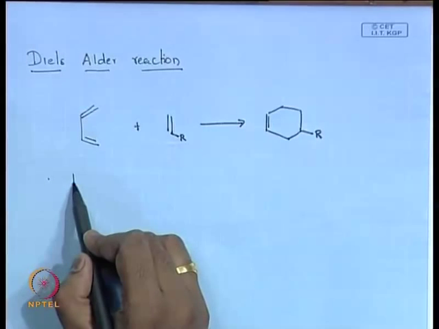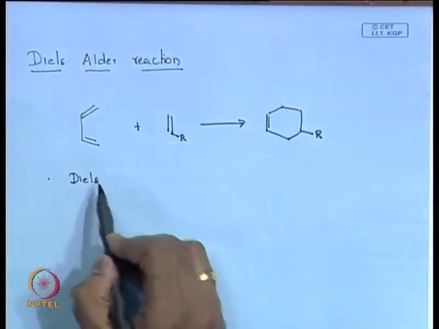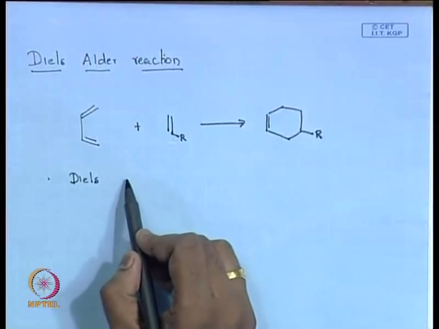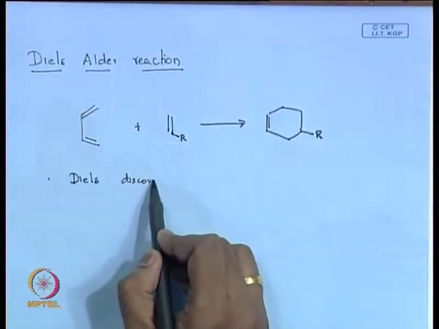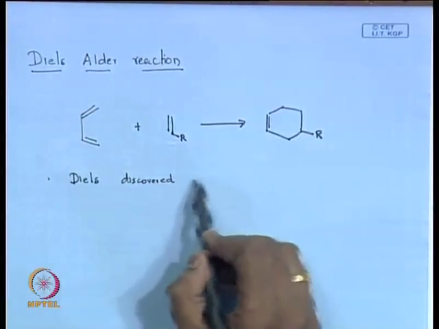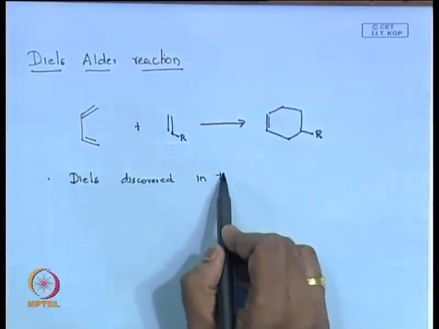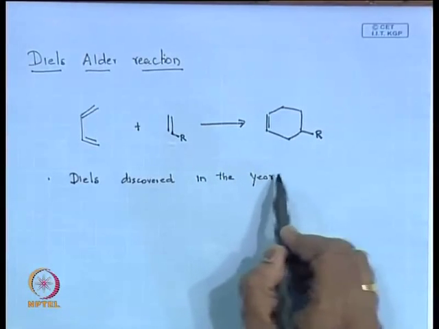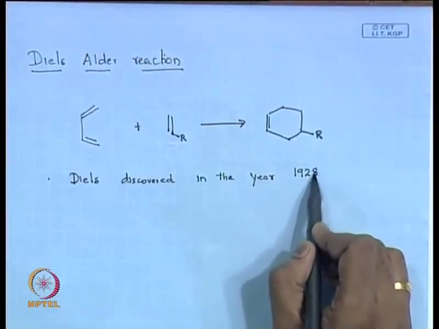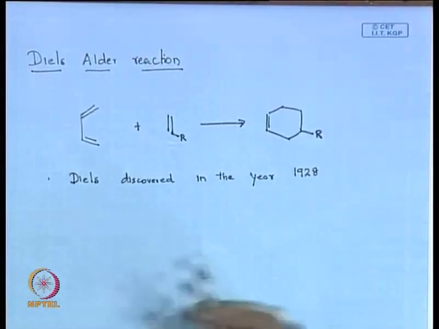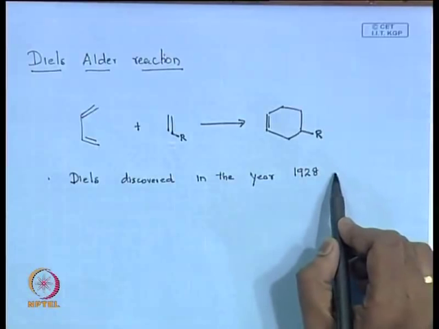Diels discovered this reaction in the year 1928 with his student Alder.